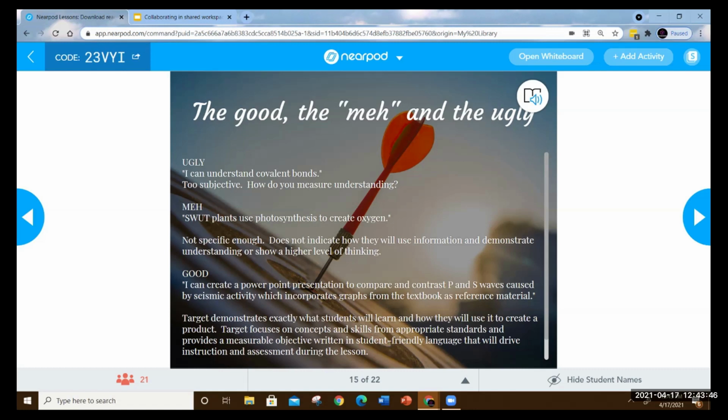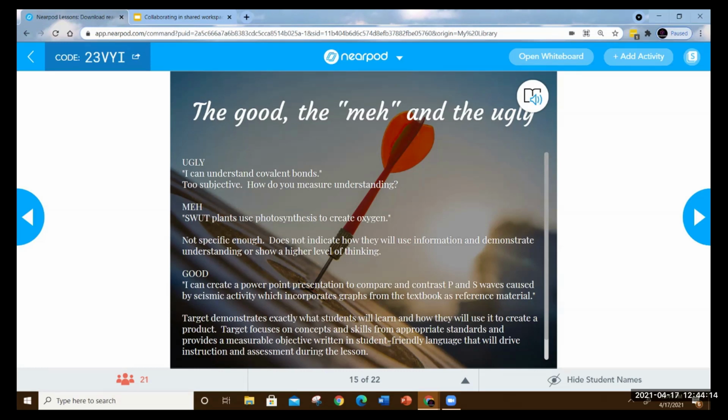A student can say, yeah, plants use photosynthesis to create oxygen, but they can't explain why they need to create oxygen, what the process is, or how photosynthesis impacts global warming. There's all kinds of higher level thinking that's not being addressed there.